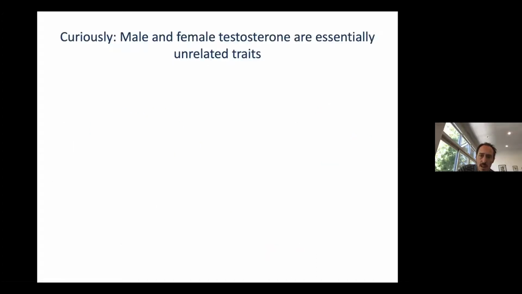So I kind of hinted at this looking at the Manhattan plots, that the peaks are not overlapping. And in fact, interestingly enough, male and female testosterone turn out to be essentially unrelated traits.